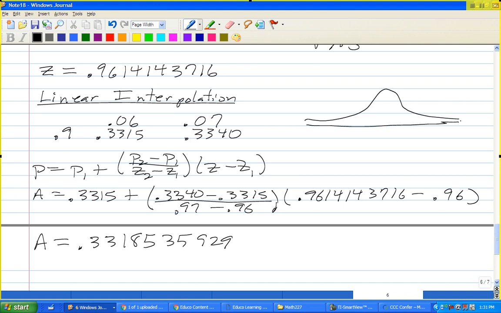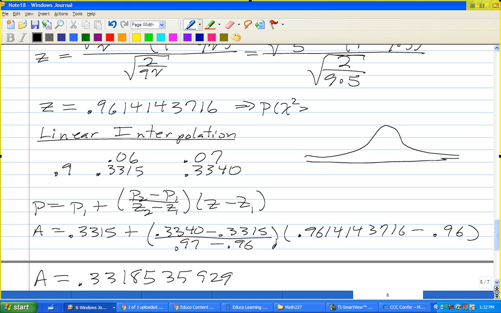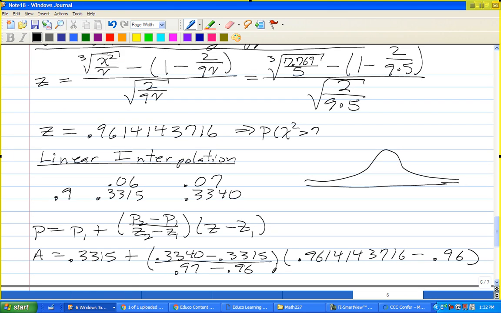Okay, so we want this to be greater than. I have that the probability chi-squared is greater than 7.769 is approximated by the probability Z is greater than 0.9614143716.